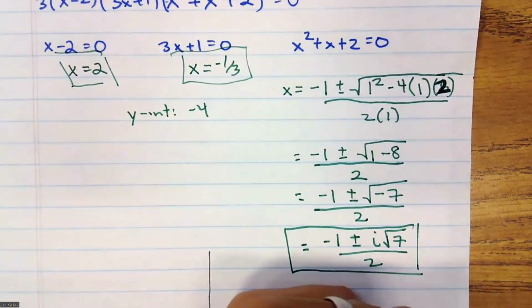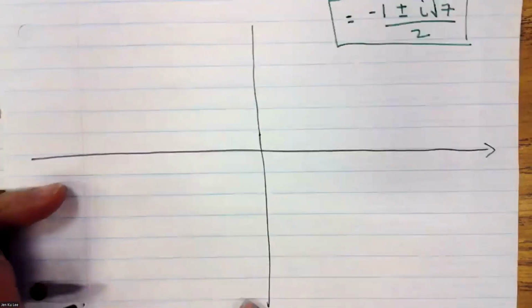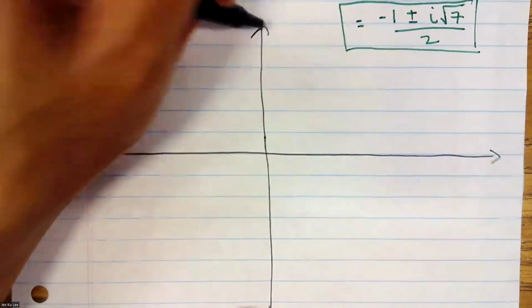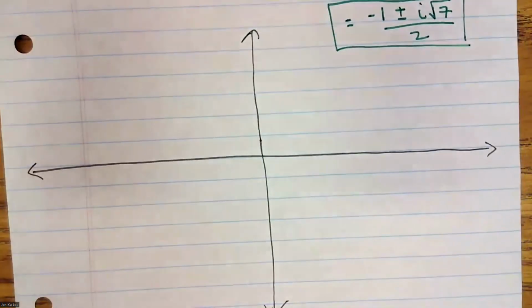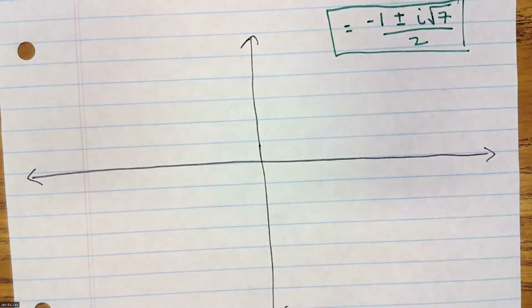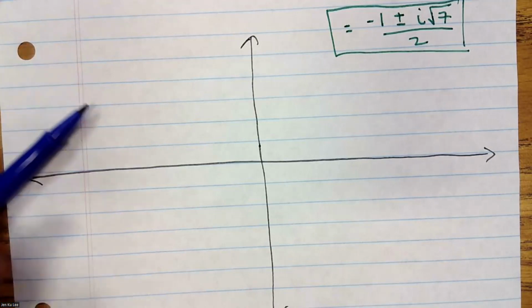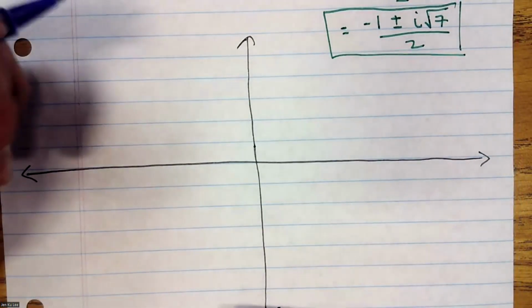When we graph, just create some lines. This one is a positive even degree. If it's a positive even degree, what's my end behavior?